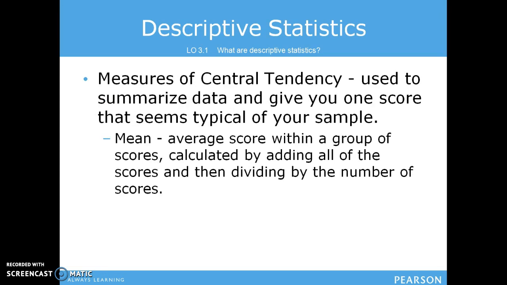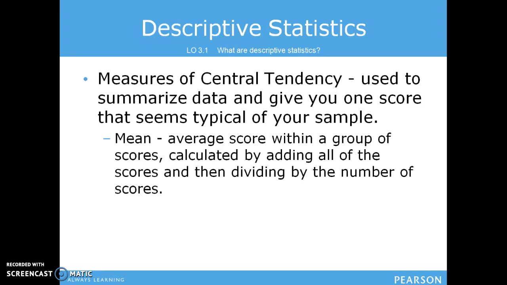Now, measures of central tendency, this is an important one. This is what we use to summarize data and give you one score that seems to be typical of the sample. So again, a mean or an average is a perfect example. We have 1,000 people take an IQ test, and the average score is 100.